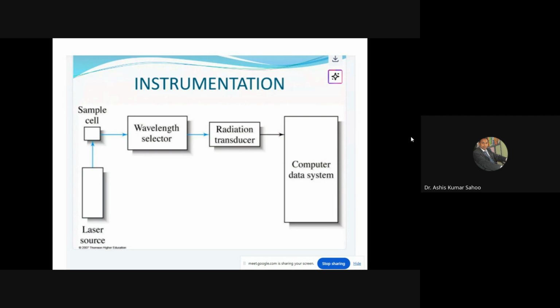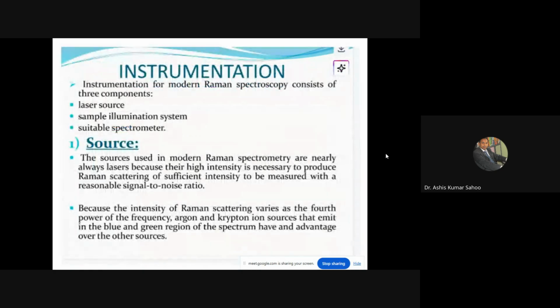These are the instruments present. If we look at the different instrumentation parts, first we will discuss the source. Instrumentation of modern Raman spectroscopy consists of a laser source, a sample illumination system, and a suitable spectrometer.